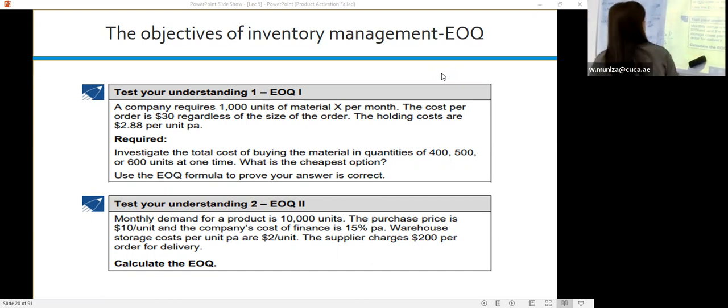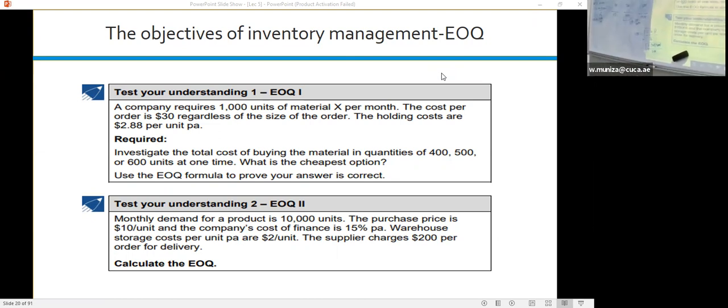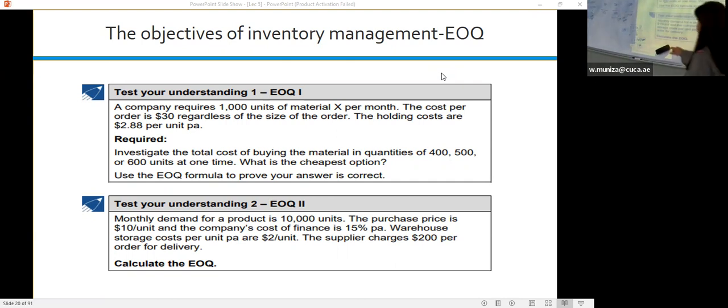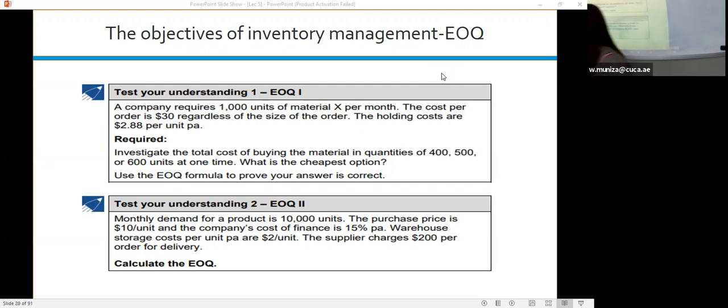Cost of ordering is 30. Annual demand is 12,000. Cost of holding is 2.88. You must be getting 500. Are you taking the square root?